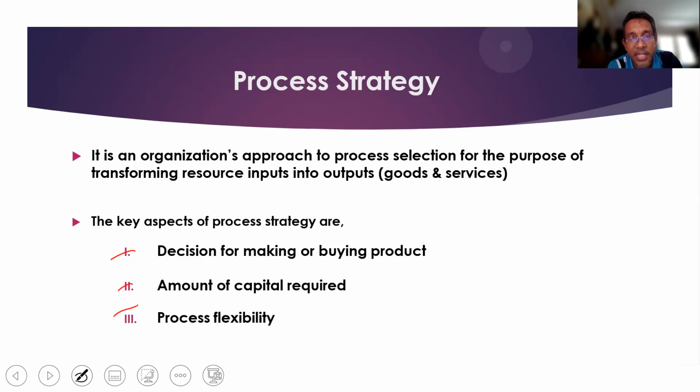When you decide to make in-house, of course you need to go for the evaluation of how to design that particular process in detail. If not, you just buy outside. You don't need to consider the process design for that particular production.